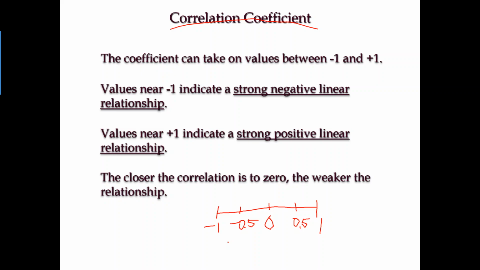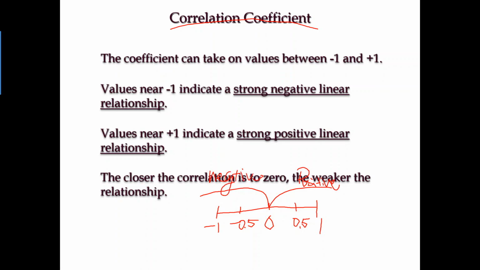Every time you get a value for the correlation coefficient, what you need to look at first is the sign. See whether it is negative or positive. If it's positive, that will be a positive relationship. If it's negative, it will be a negative relationship. That's the first thing you need to identify.